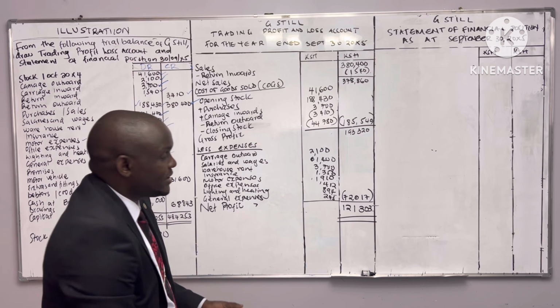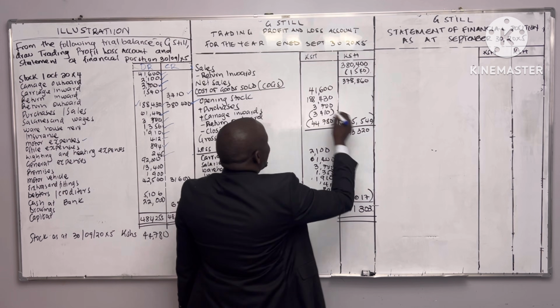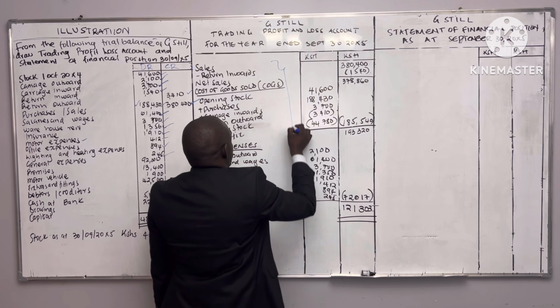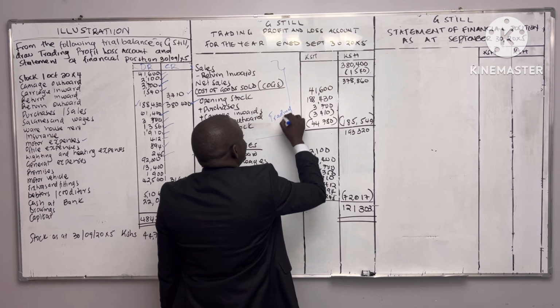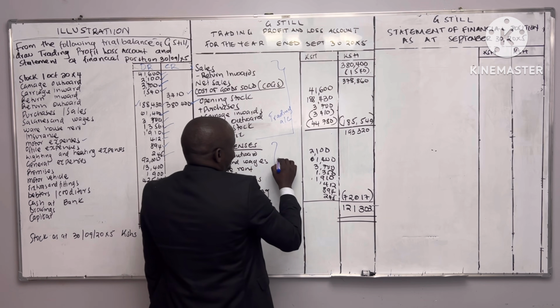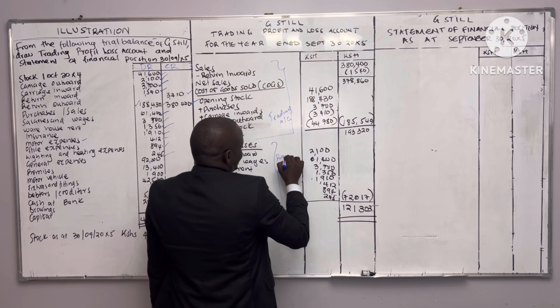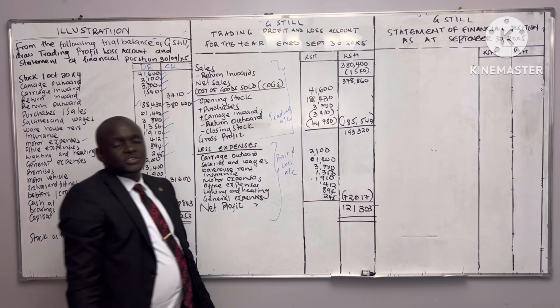And I want to say something: this bit is what was called trading. Up to this bit, this was the trading account. Then here you have the profit and loss account. Why was it called trading?